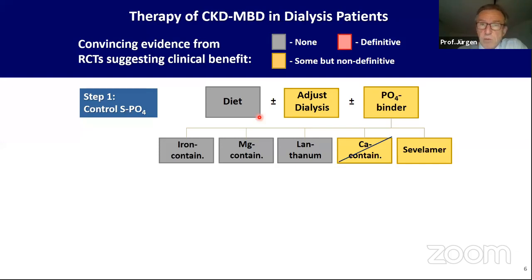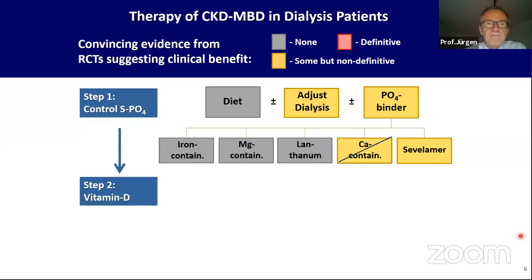You could just as well make the point that if you really want to restrict phosphate in the diet, you will inevitably induce malnutrition. We have some evidence that adjusting dialysis, good dialysis, means good phosphate. And we have some evidence for phosphate binders, in particular for the choice between calcium-containing phosphate binders and sevelamer for historical reasons. And we have very little evidence for the newer phosphate binders.